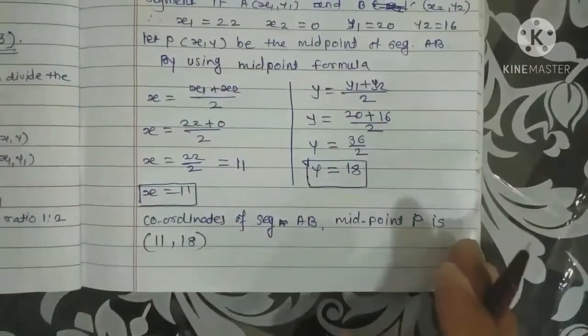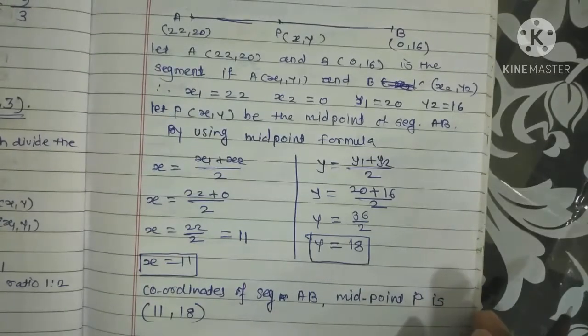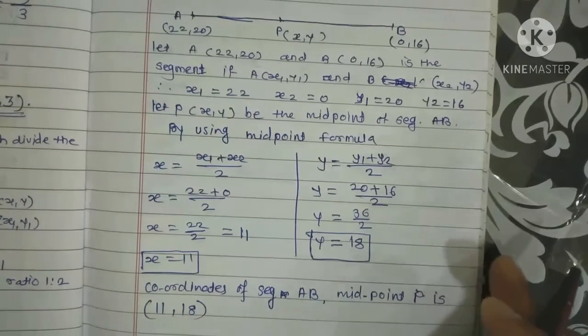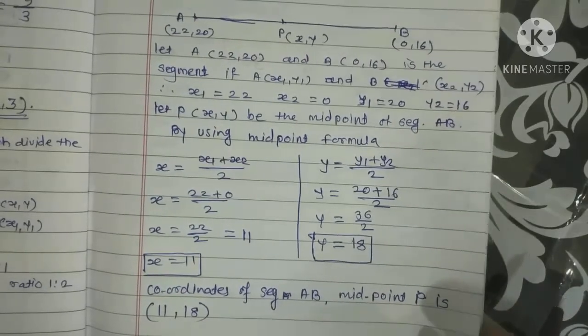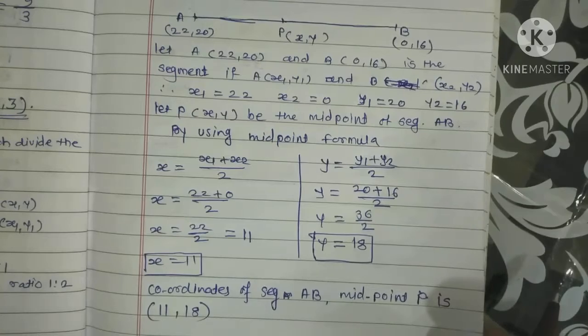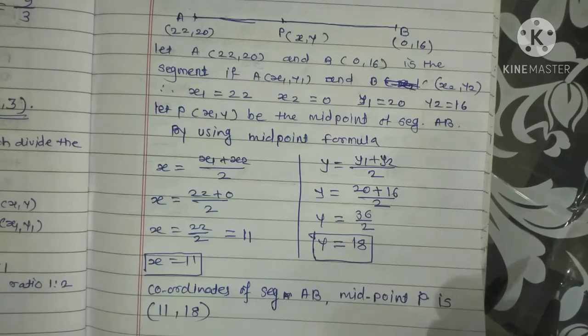Now student, in this way you should study here. By using the midpoint formula, find the values of the midpoint's coordinates, and hence I suggest you should solve the following examples from that practice set 5.2.